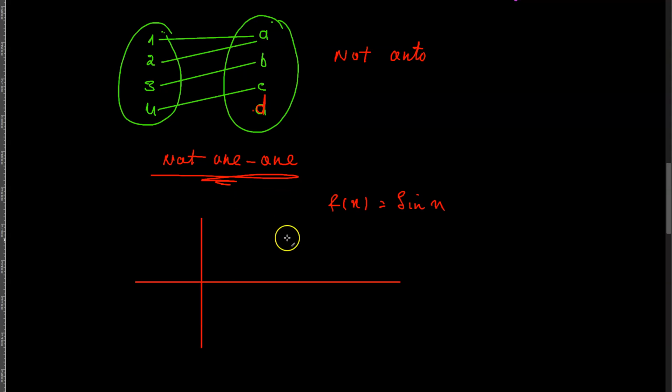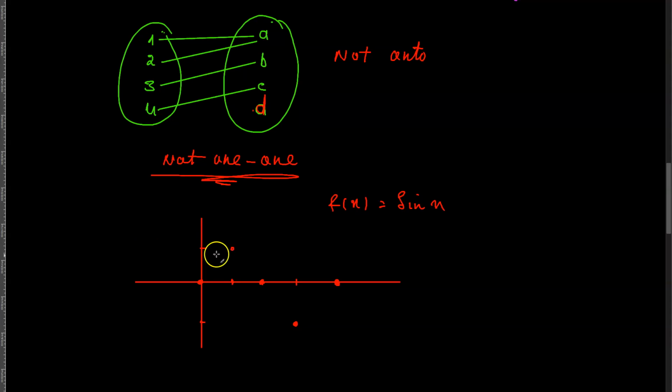So, if you want to draw the graph of the sine function, you know that sine of 0 is equal to 0, sine of pi by 2 is equal to 1, sine of pi is equal to 0, sine of 3 pi by 2 is equal to negative 1, and sine of 2 pi is equal to 0, right?